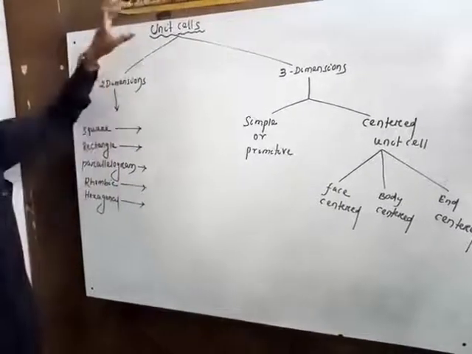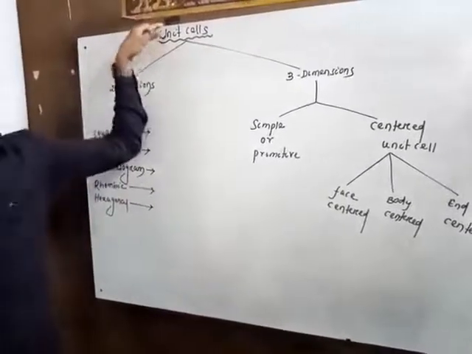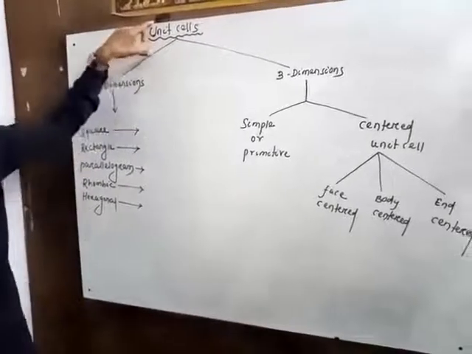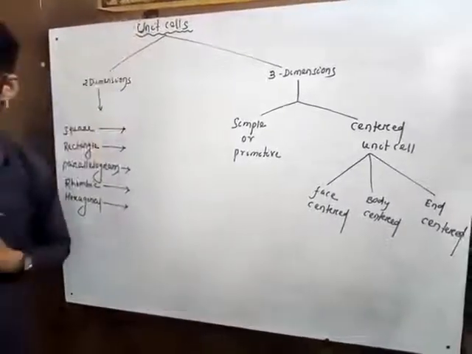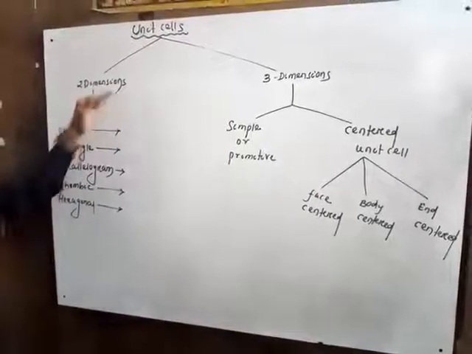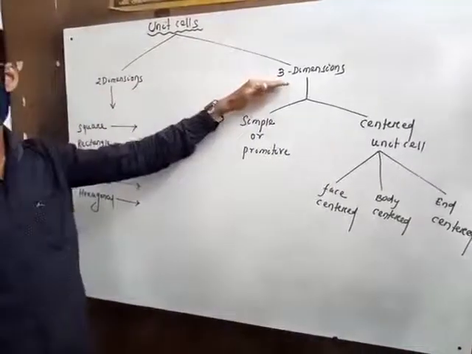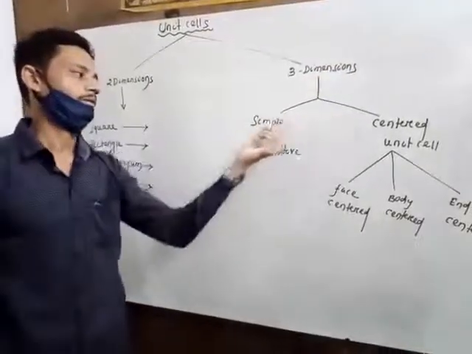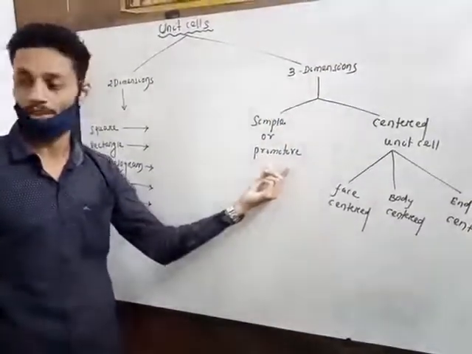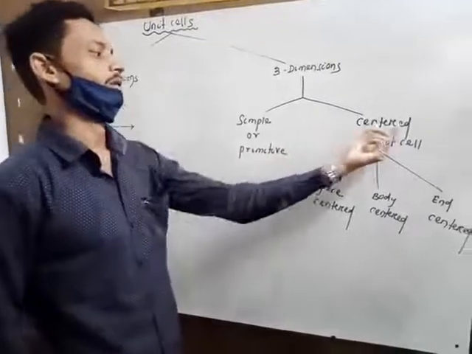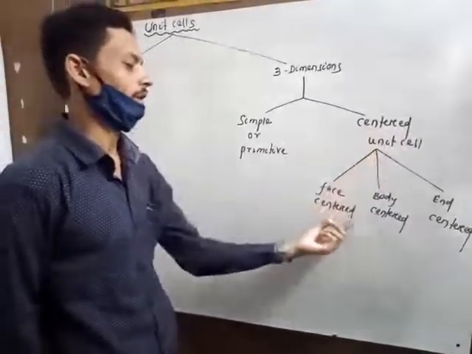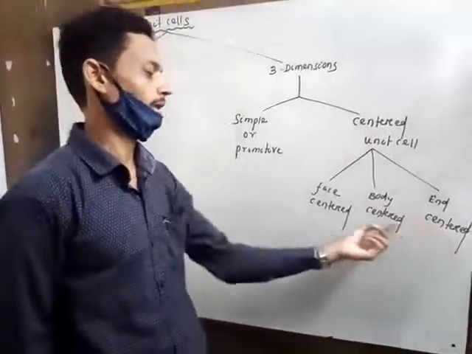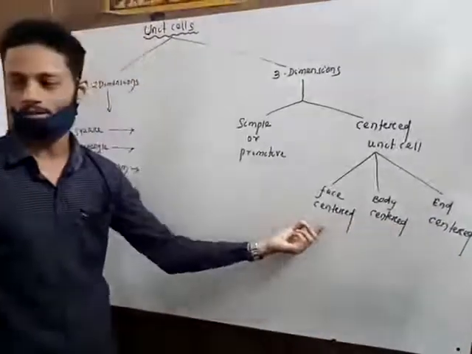Like that, the unit cell completely provides the entire structure of a crystalline solid. It may be a 2D structure or a 3D structure. In case of 3D structure, it is of two types: simple or primitive, and centered. Centered unit cell is of three types: end centered, body centered, face centered.